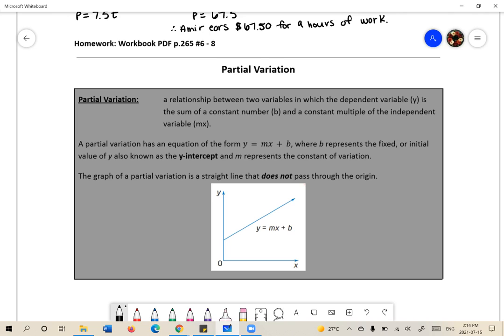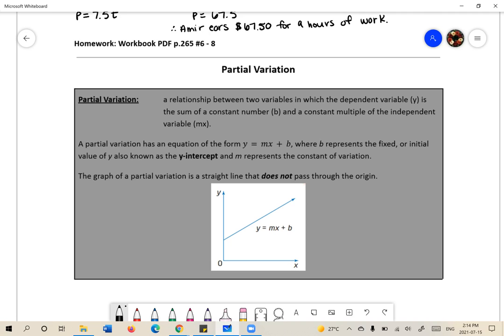So there's a few things that are similar and a few things that are different between partial and direct variation. What's similar is partial variation and direct variation both represent straight lines.